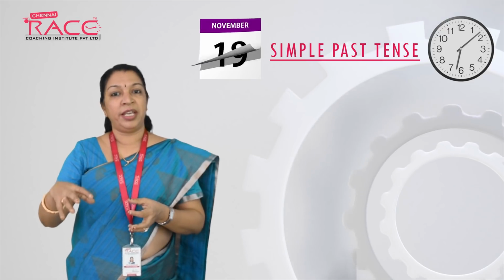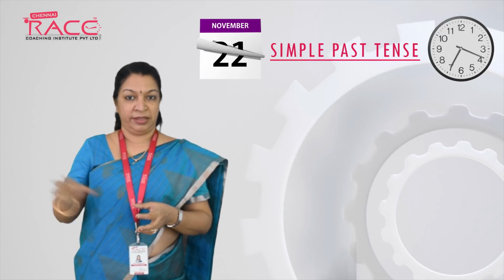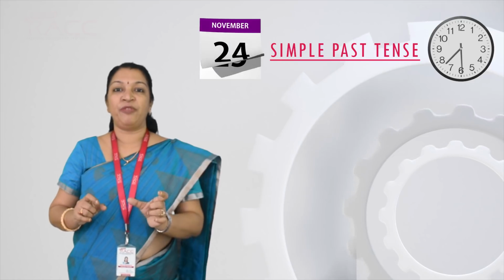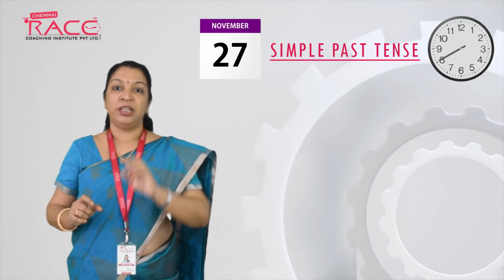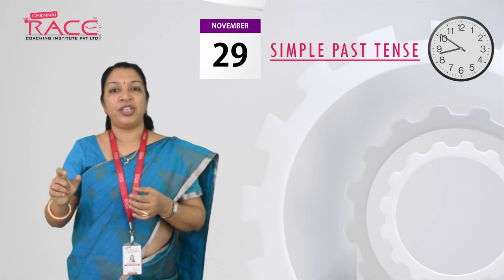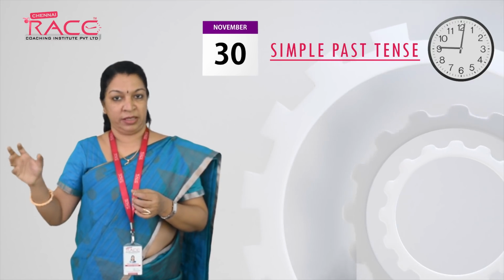So it can be a day, it can be a week, month, etc. When you specify some time factor in the past, that action is to be given in simple past tense.